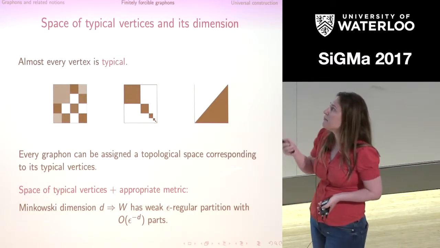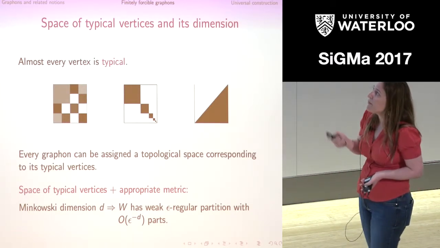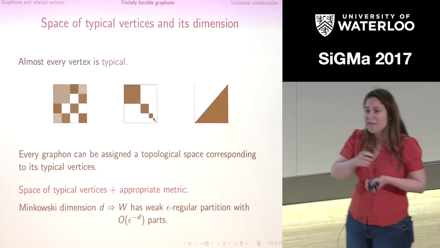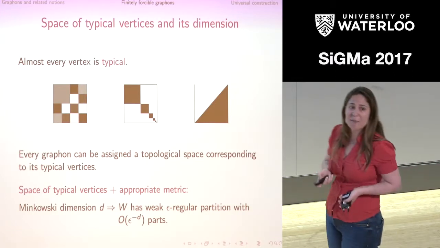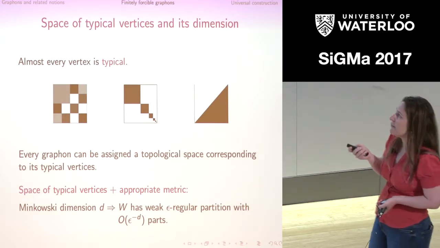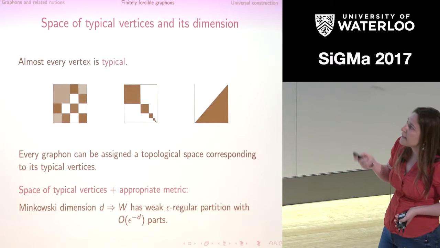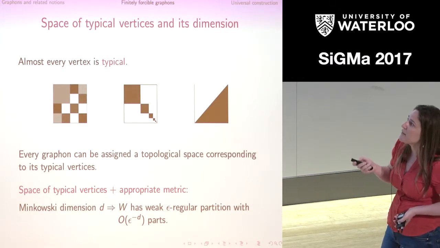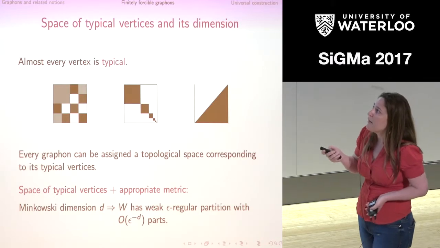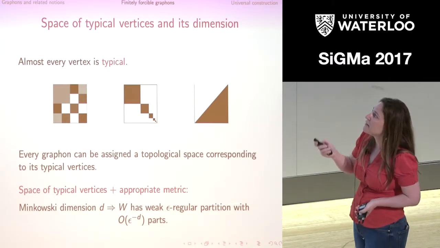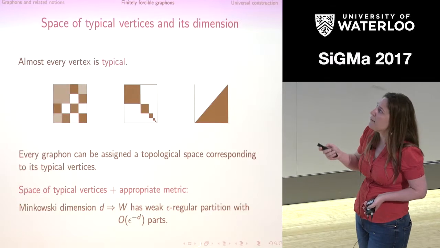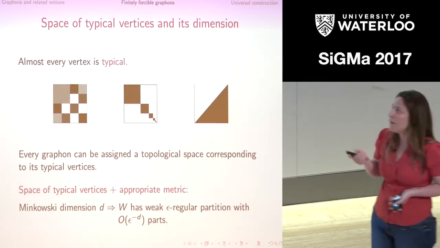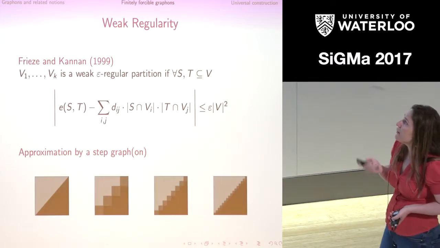If you don't remember much about weak epsilon-regular partitions or never saw this concept before, you can be happy because I will explain a little bit now what it is. The idea is that if the dimension of this space is bounded, would be finite, then this would not need too many parts in the weak epsilon-regular partition, and therefore it would be simple. But we will see a little bit more.